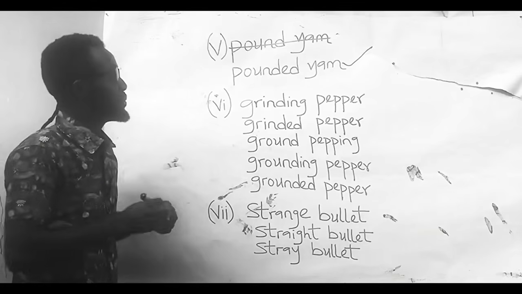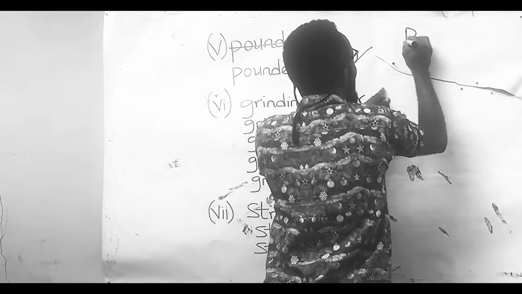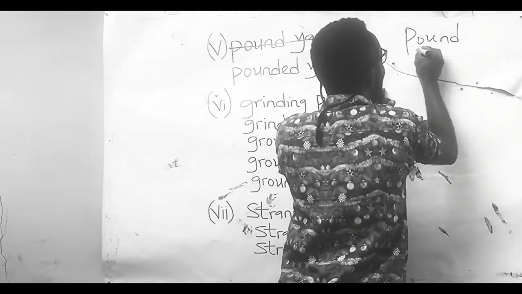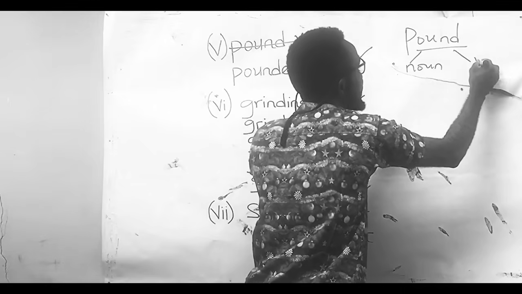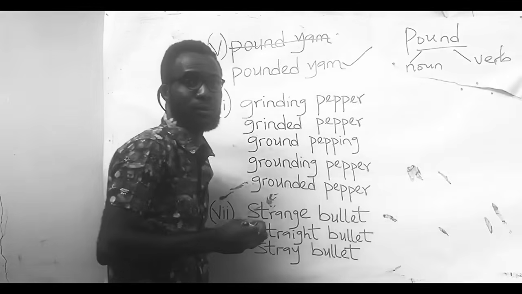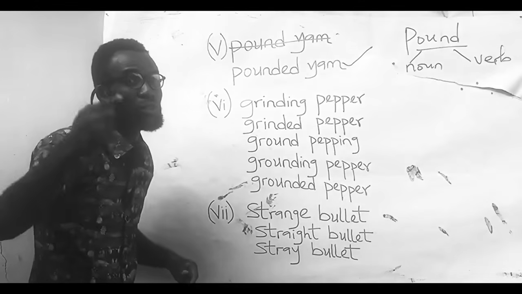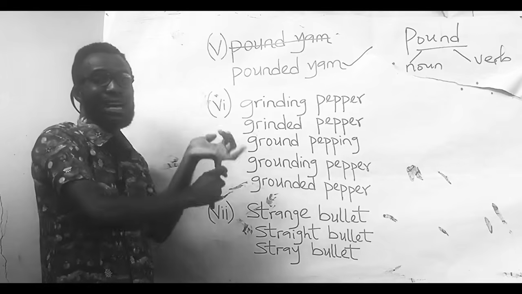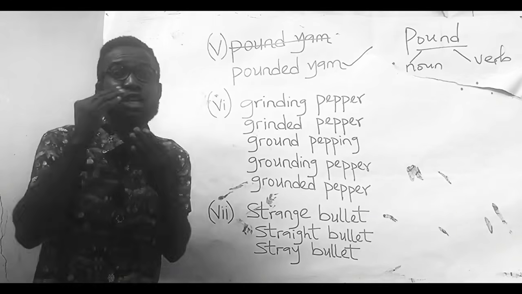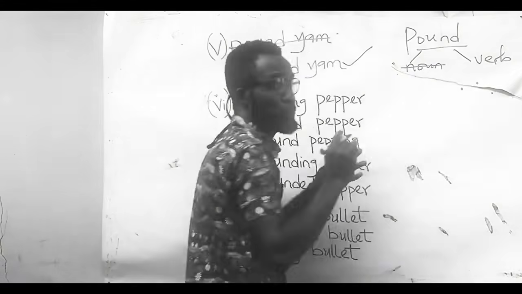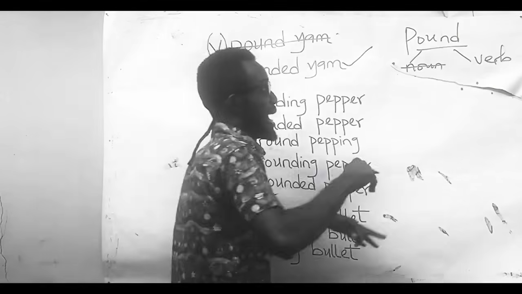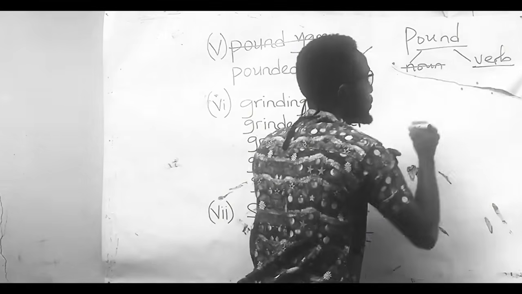The truth is, the word pound can exist as a noun and as a verb. Pound exists in two parts of speech. I want us at this point to see it as a verb.